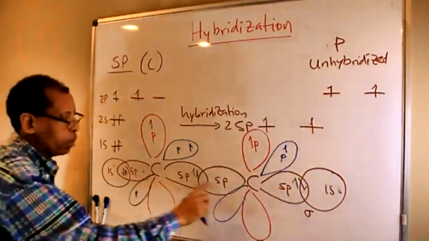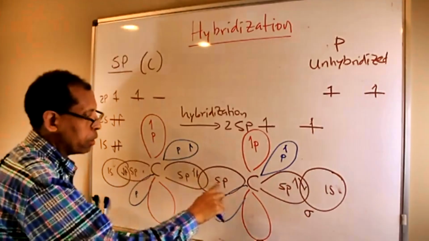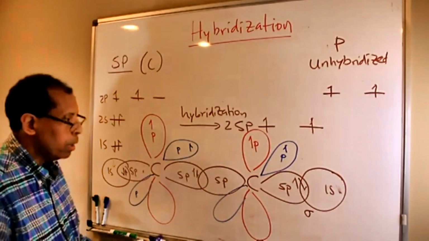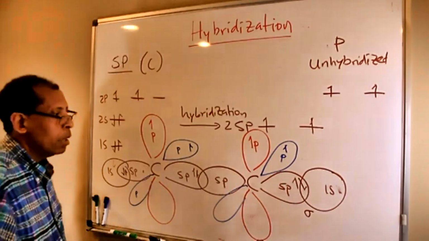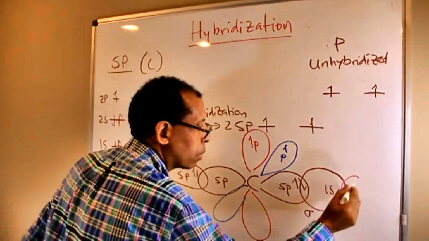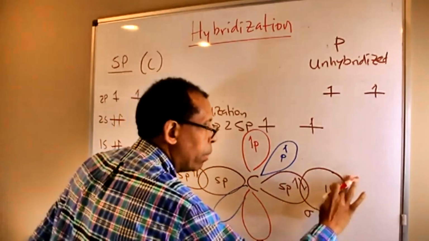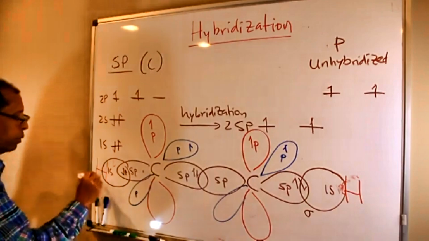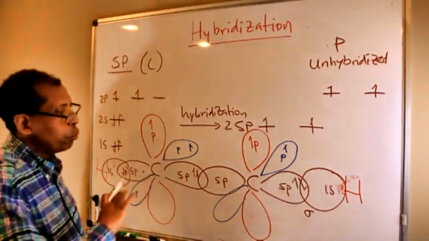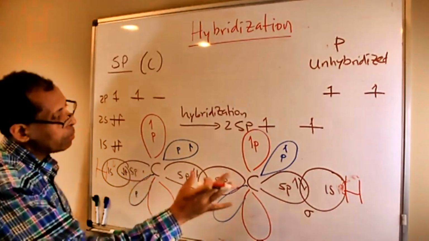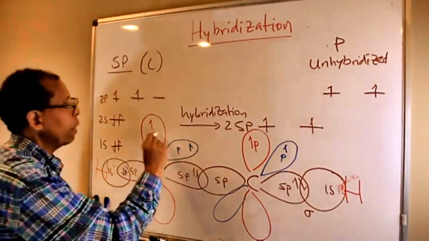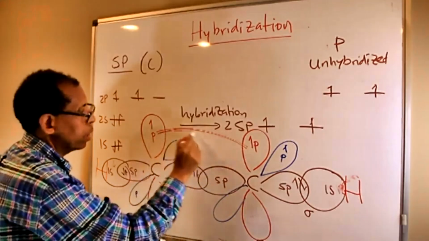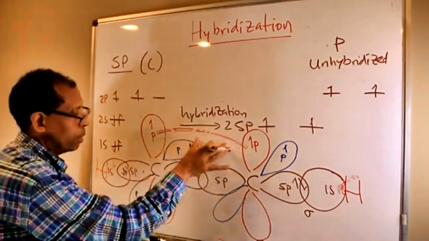So these 2 p orbitals are the unhybridized p orbitals. Now, remember, all hybrid orbitals make a sigma bond. So this is a sigma bond. Here we have hydrogen, which has already made a bond. Now, when you make a bond, the unhybridized p orbitals always make a pi bond. So this and that pair up their electrons and make a pi bond.